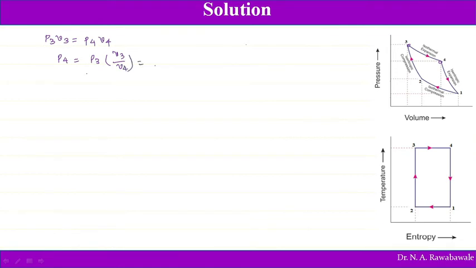We know the P3 value as 20 bar, and V4 divided by V3 is given as 1.4, so V3 divided by V4 is its reciprocal. So this can be written as 1 divided by 1.5. On simplification it gives us 13.3 bar.